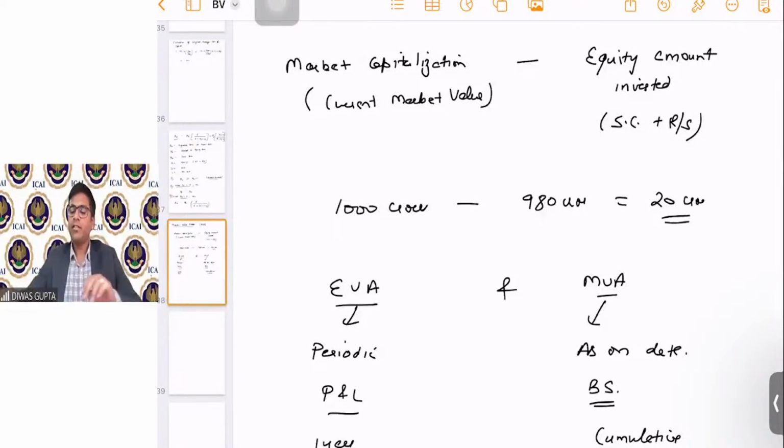If it is clear, then we will move on to the next part. Okay, so EVA is clear, MVA is clear. Then let's come to the SVA, shareholders value analysis.